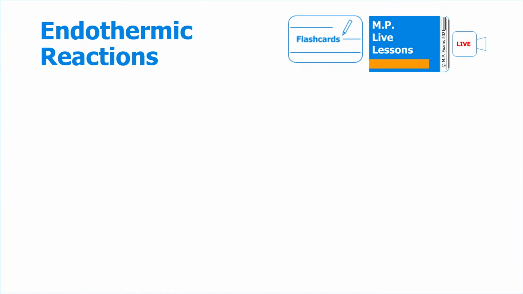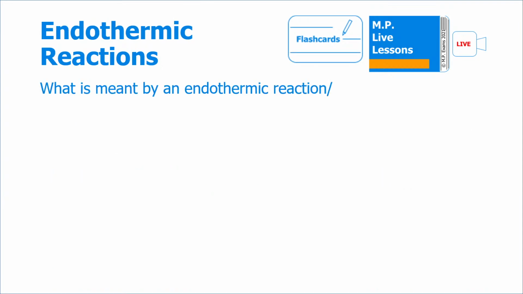Next, you'll need to know about endothermic reactions. Now, what's meant by an endothermic reaction? It's the opposite. So it takes in or absorbs or transfers again energy from the surroundings.